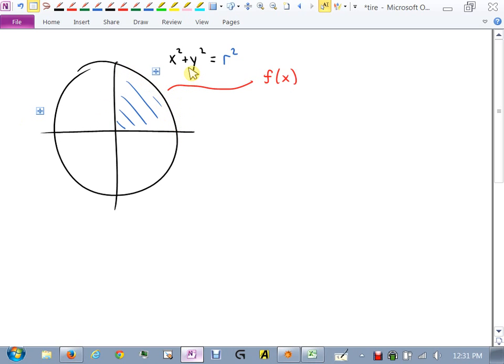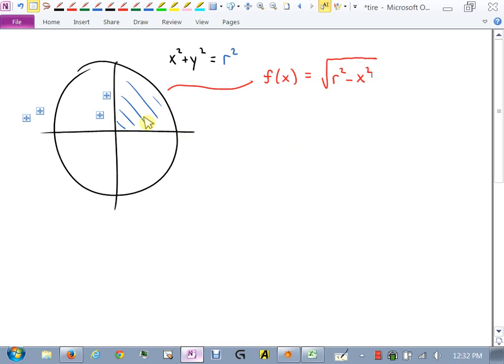I have to take this equation right here and solve it for y, right? Then it would be y as a function of x. So if I solve this for y, I would get the square root of r squared minus x squared. You would have taken the x squared to the other side by subtracting it. Then you would have done square root, and you would have had plus or minus, but that's okay.